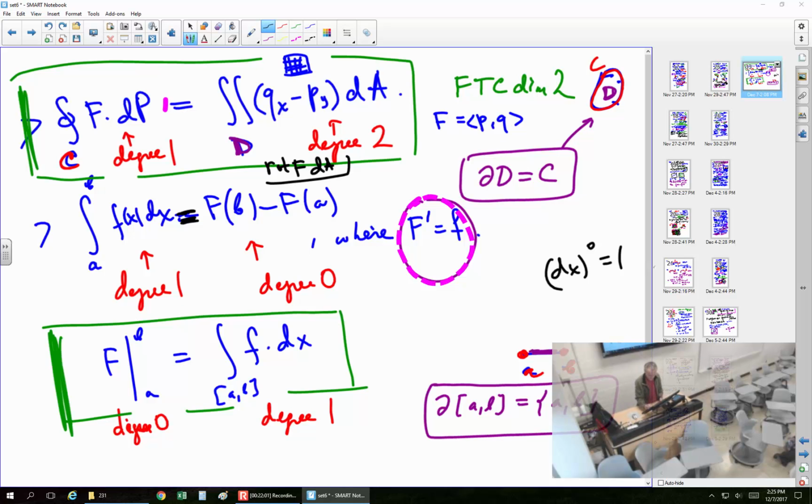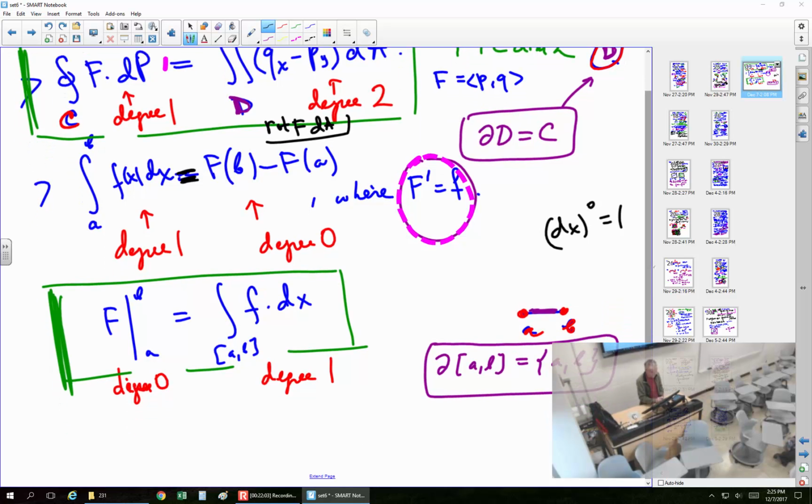Let me write it this way: rotor of F, which is the vector field (P, Q), and we could interpret this as Qx minus Py, and it is a function. So with functions, it's a bit more awkward, but it still makes sense.